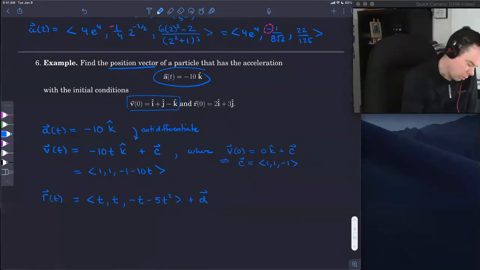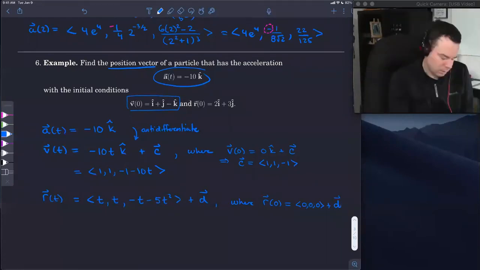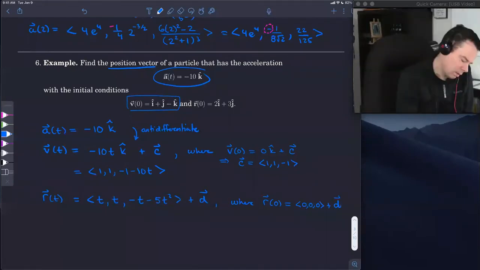So those are more constants of integration, where r of 0, I'll plug 0 in, 0, 0, 0, plus the constants in the vector d. So that means d is equal to r of 0, and r of 0 is 2, 3, 0.